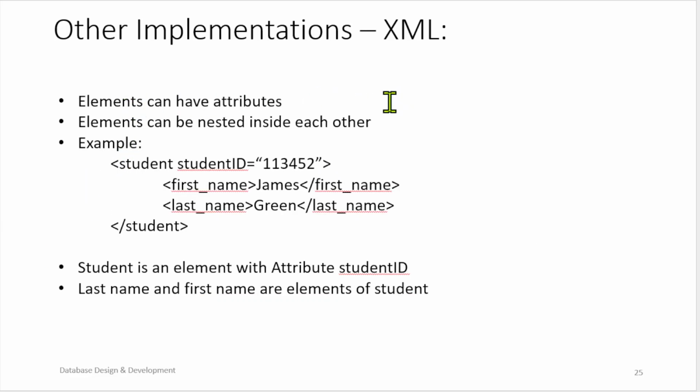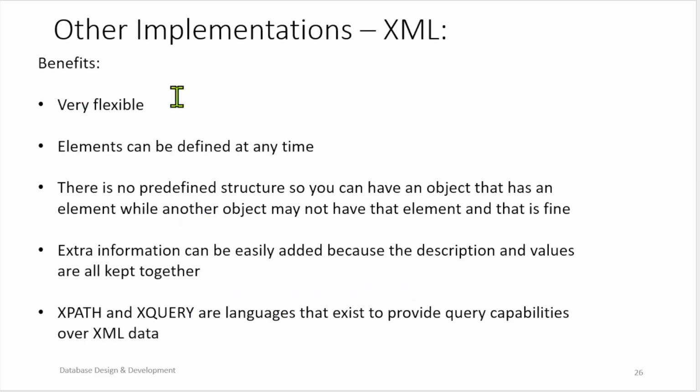And elements can have attributes. They can be nested inside each other. You have a student ID, and then inside the student ID, you've got the name, nested inside it. A student element is the attribute of student ID. Last name and first name are elements of student. XML is very flexible. Elements can be defined at any time.